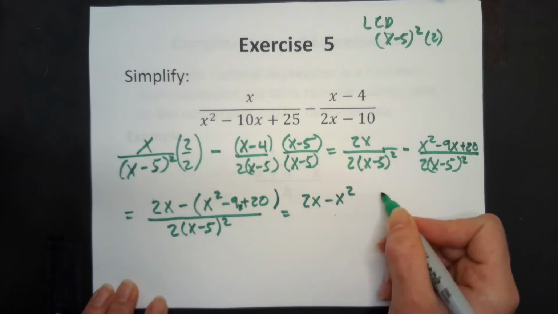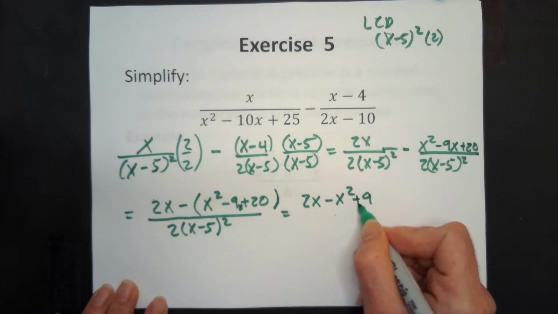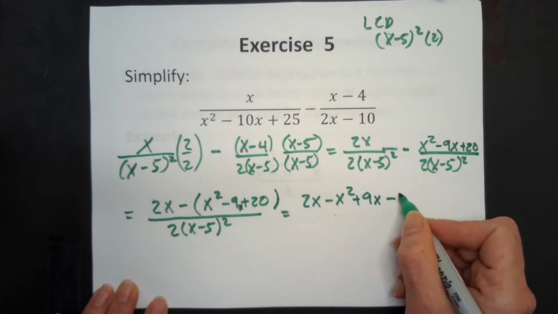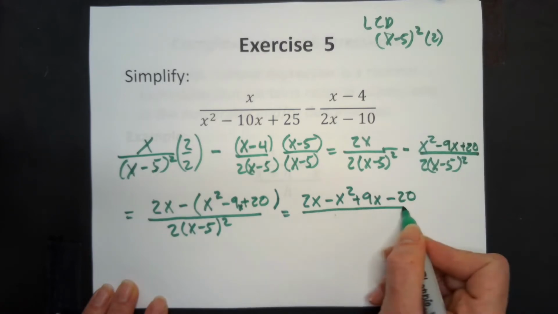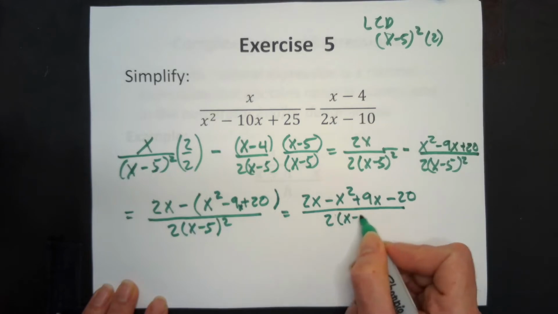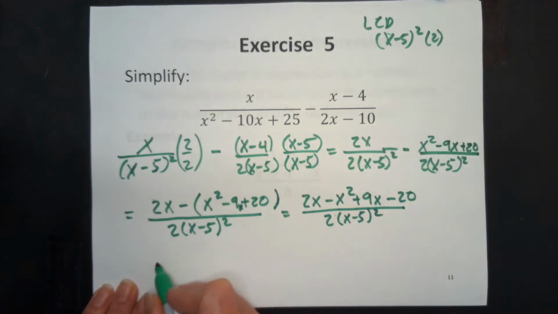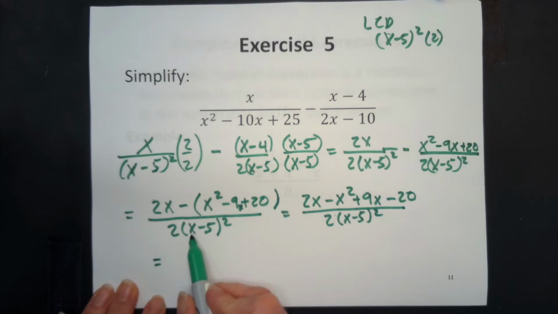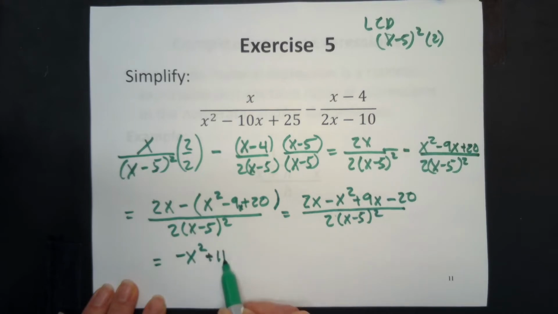It'll be negative x squared, now that's plus 9x minus 20, all over my 2 times x minus 5 quantity squared. And then that equals negative x squared plus 11x minus 20 all over 2 times x minus 5 quantity squared.